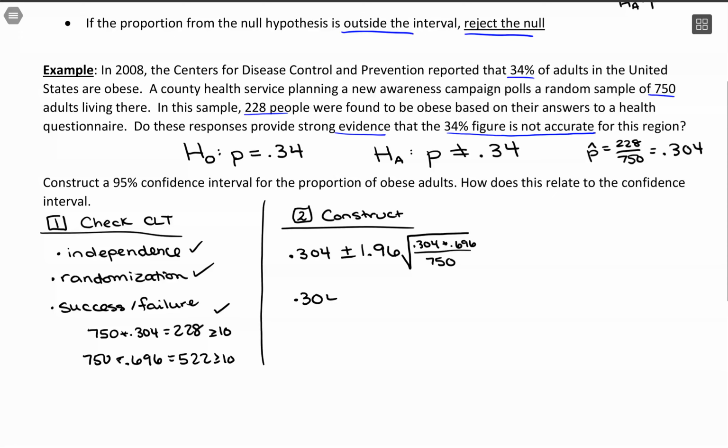If we plug in for a margin of error, it's 0.0329. Then subtraction gives our lower bound of 0.2711, and the upper bound is 0.3369.